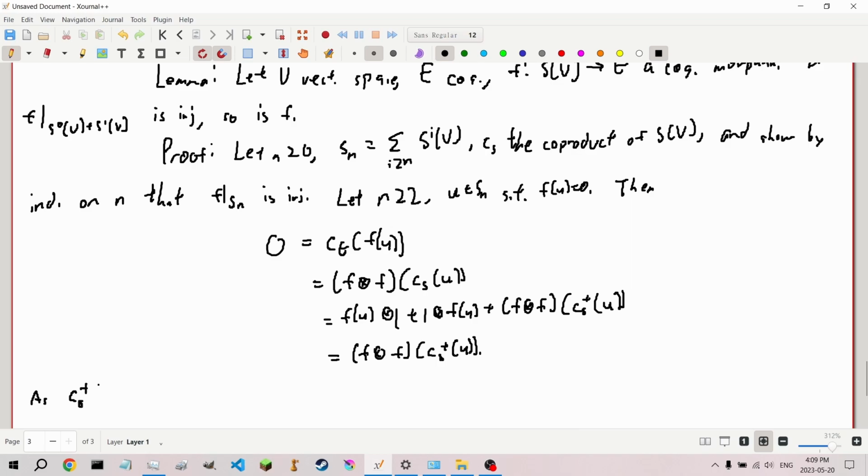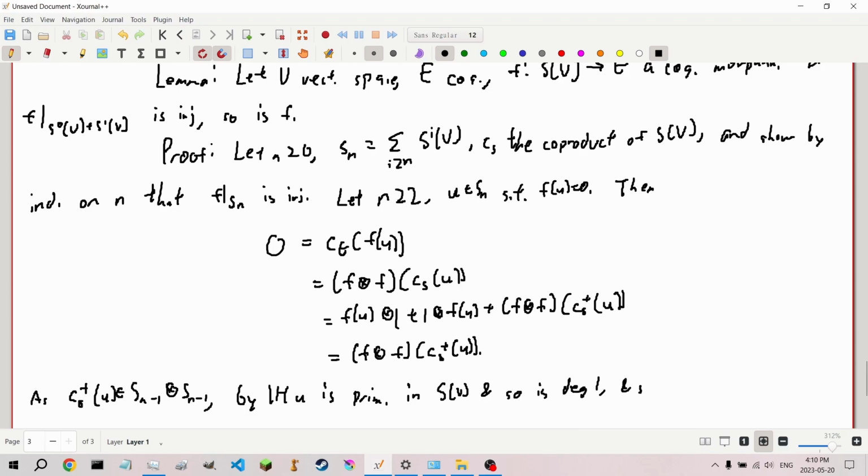As Cs positive of u lies within Sn minus 1 tensor Sn minus 1, by the induction hypothesis we get that u is primitive in S V, and so is of degree 1, and so is 0 as f restricted to S1 V is injective.